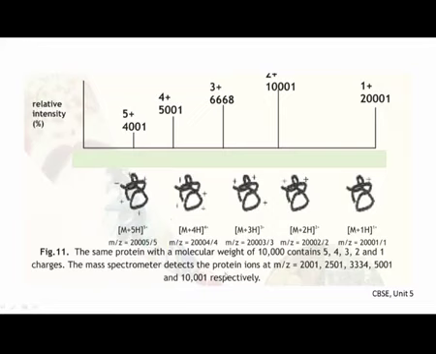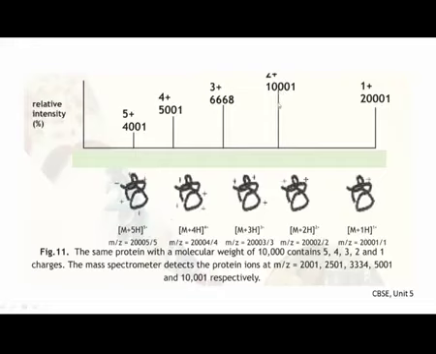spectrometer detects the protein ions at m by z, which is 2001 or 2501 or 3334. So, you see each one of them, this divided by 2 is 3334, this is 5001, this is 10,000. So, a molecular weight of 10,000 will give you very close by peaks of this, and the 10,000 will be the maximum one, and these will be very close by.